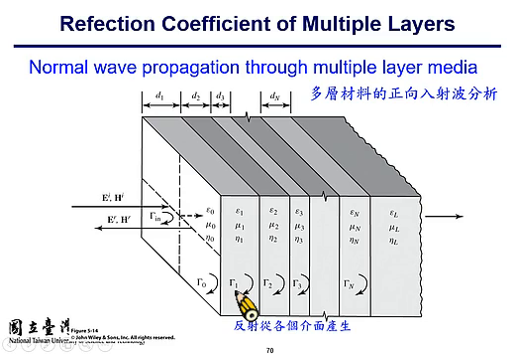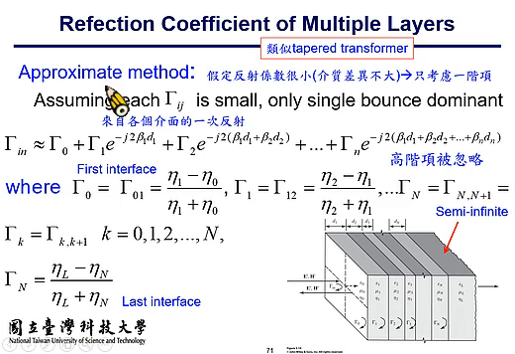For a quarter wavelength transformer, for a single frequency, you just need a quarter of a wavelength. But this one may take a few wavelengths, 好几个 lambda 你才能够做出来。这边我就不细讲了，因为它的假设 the assumption is if you have a multi-layer structure, you assume the difference in each layer is small, so you only account for the first term.